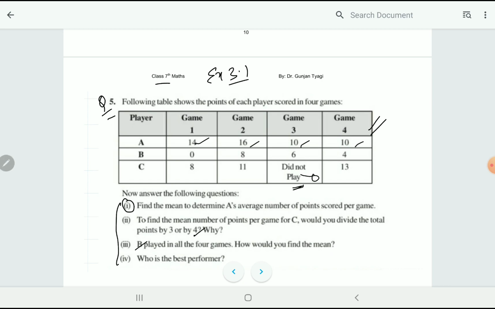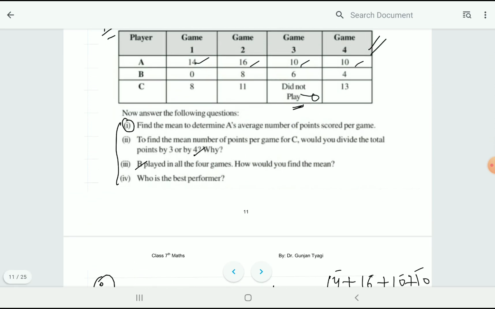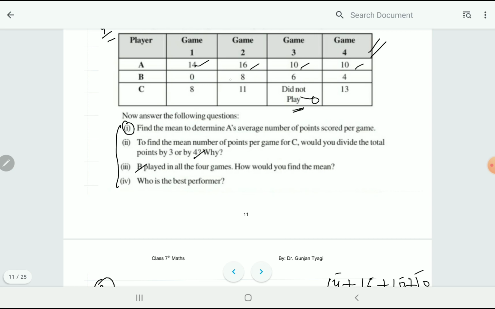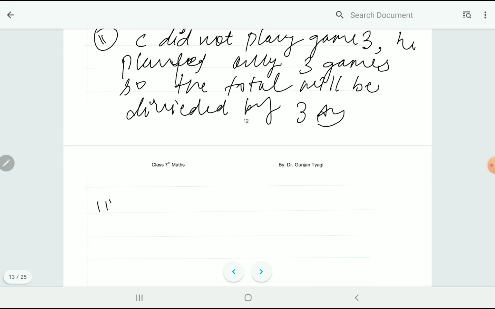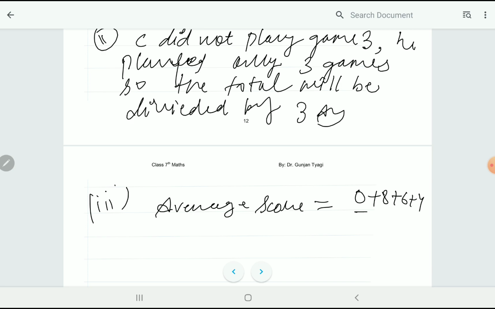Let's do the third part. B played in all the 4 games. How would you find the mean? We will divide the numbers scored in all games by 4. In the third part, the average score is equal to 0 plus 8 plus 6 plus 4 divided by 4.